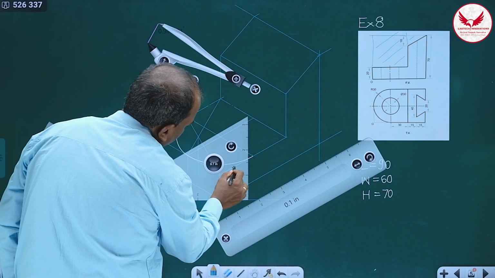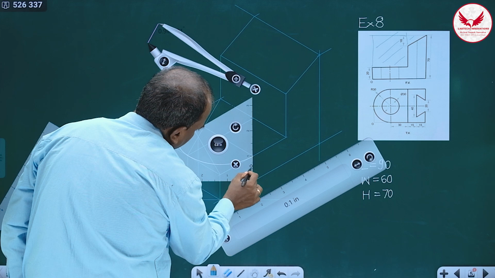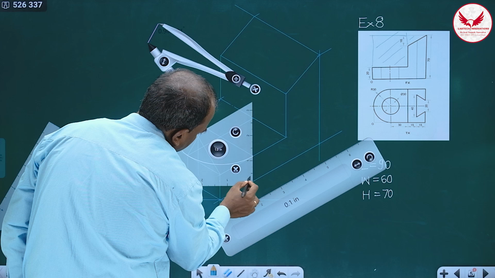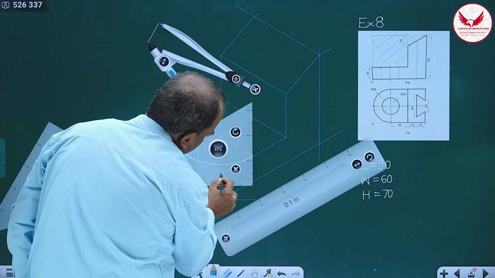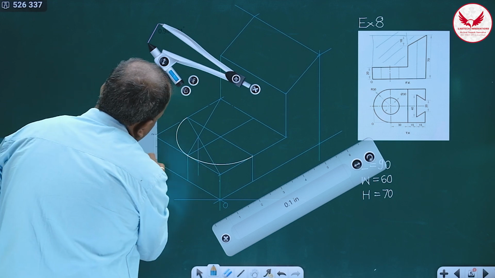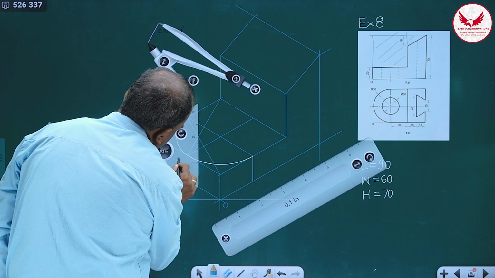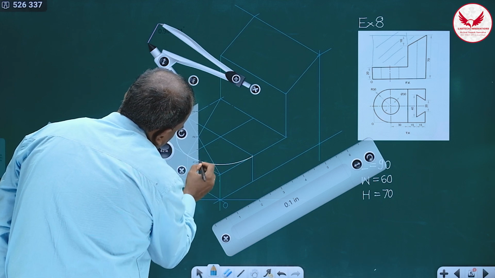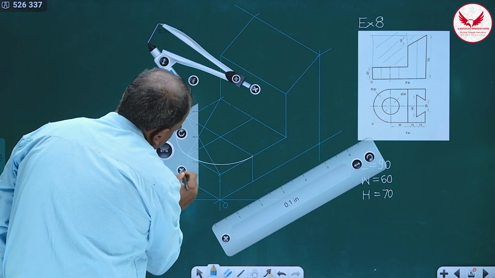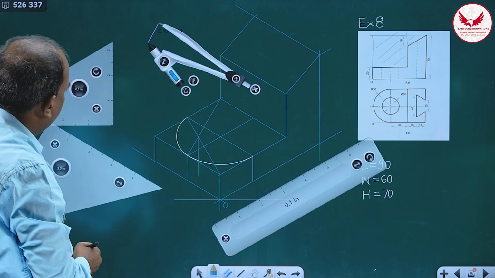And this line also you have to shift by 20, so it will match with this. For this center, from this 20, perfectly at this place, I have marked that center on that line.